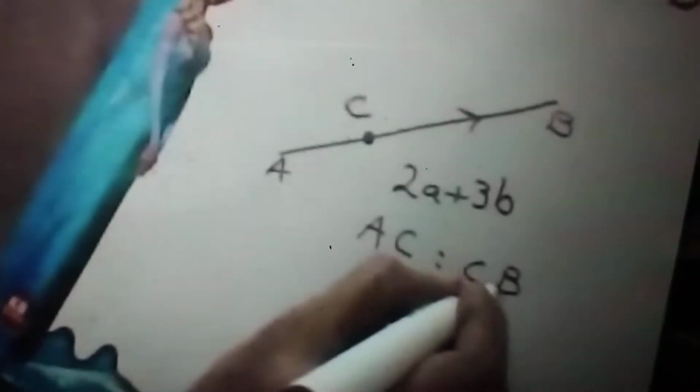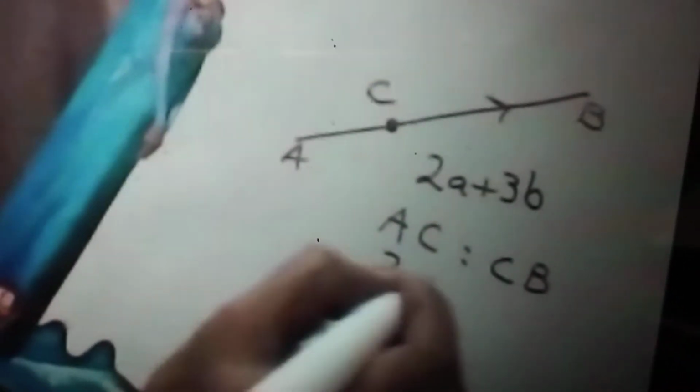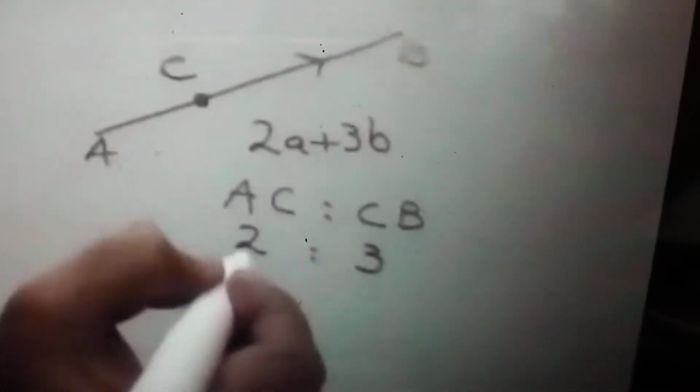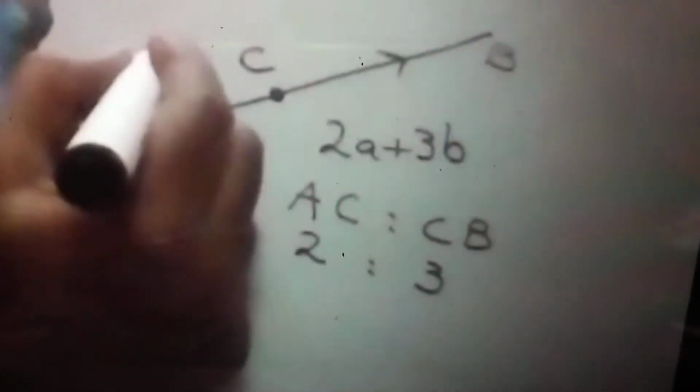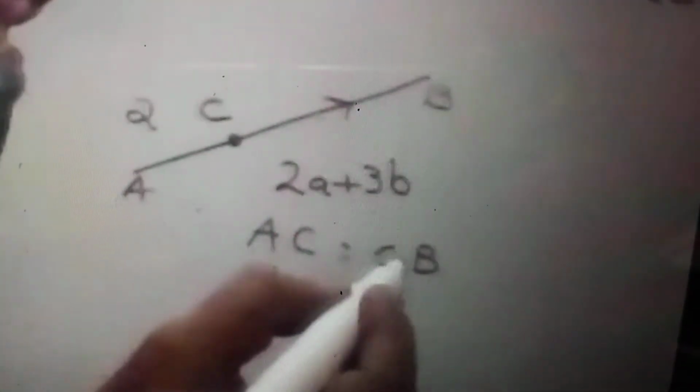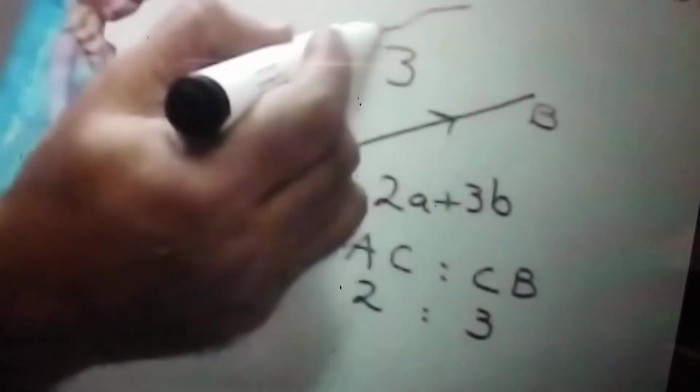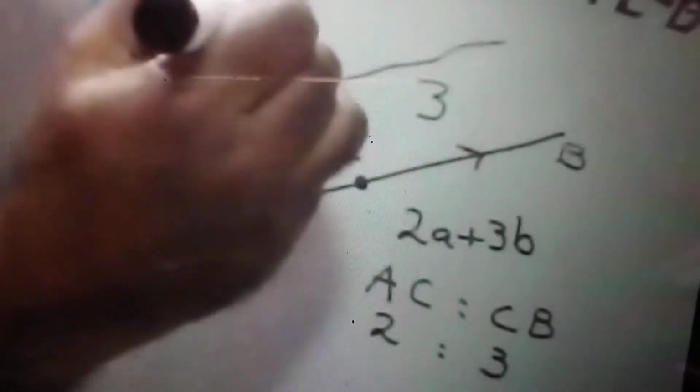For example, AC ratio CB is given to you as 2 ratio 3. So AC is 2 parts, and CB is 3 parts of the line segment. So in total, what will be the parts of the total AB? It will be 5.